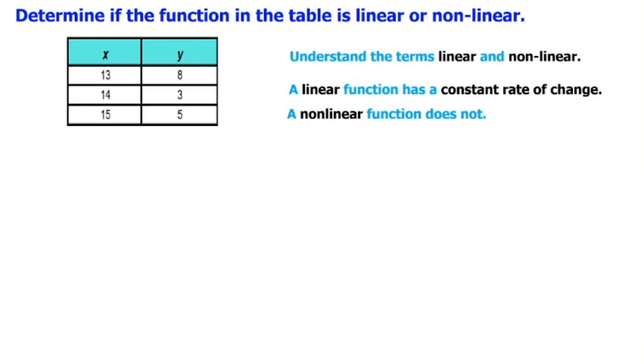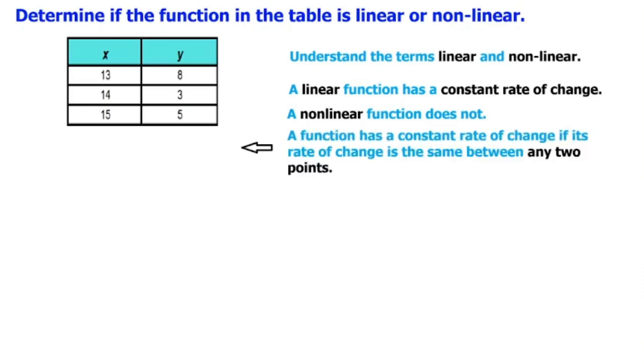Let me just show you with the numbers. So a function has a constant rate of change if its rate of change is the same between any 2 points. So if we look at that in terms of an equation, it would look like this.